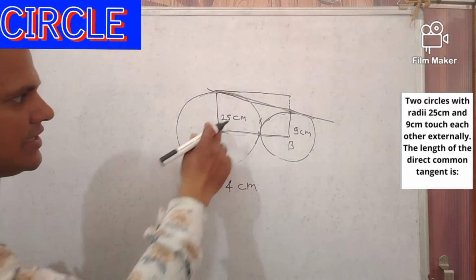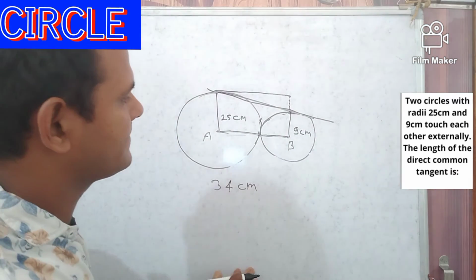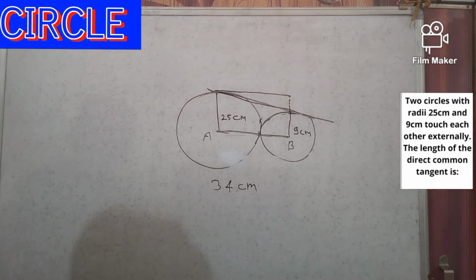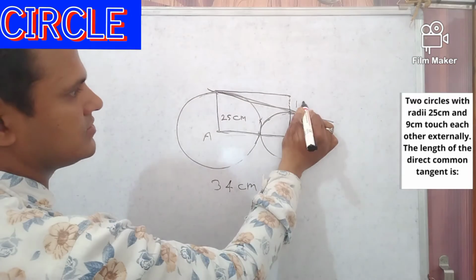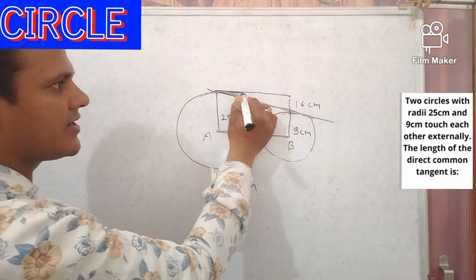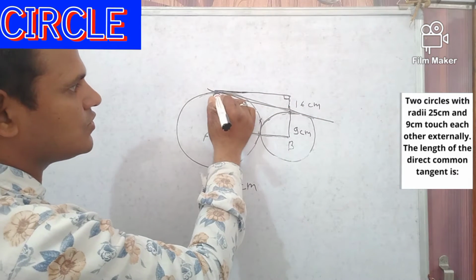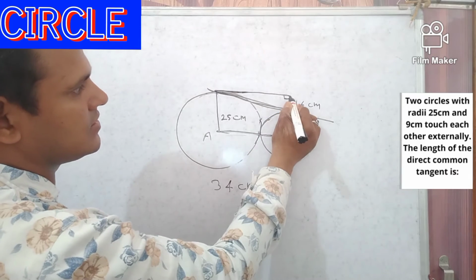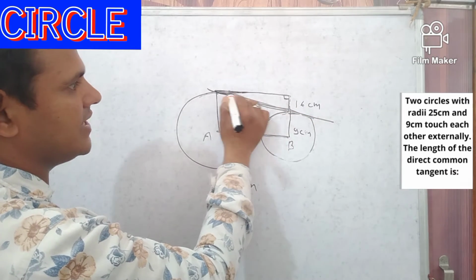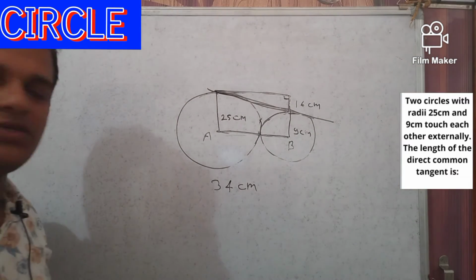It will be 25 minus 9 centimeter, so it will be 16 centimeter. Now we have a right angle triangle. See here, this is a 90-degree triangle. So we need this hypotenuse, right? We can solve by the Pythagoras system.